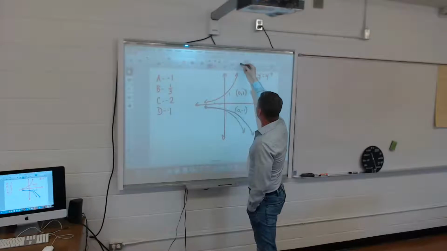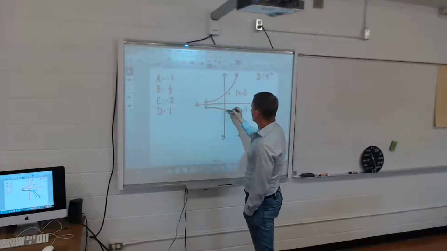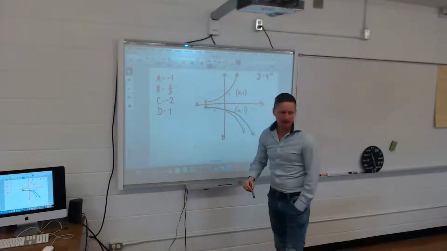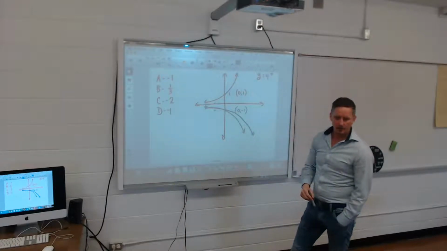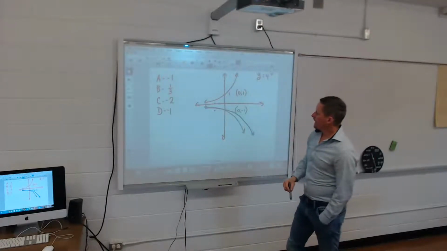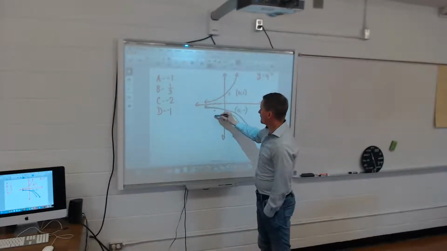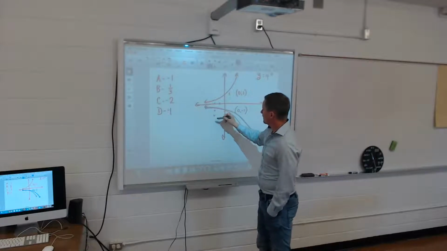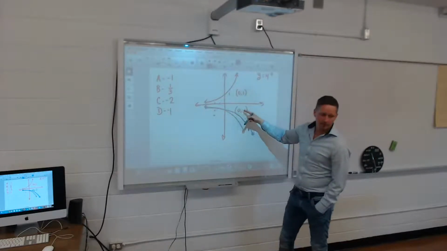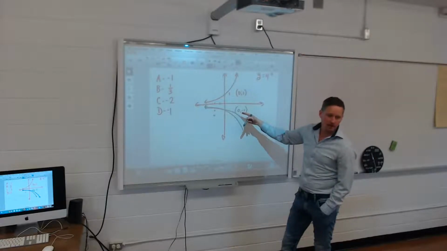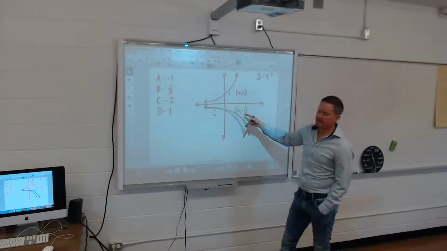Let me do black. So that 0, 1 becomes -2 and 1. Like that. Okay? And then I'm going to also go down 1 to right here. So this coordinate has moved 0 and -1, has moved left 2 to -2, -1, and then down 1.